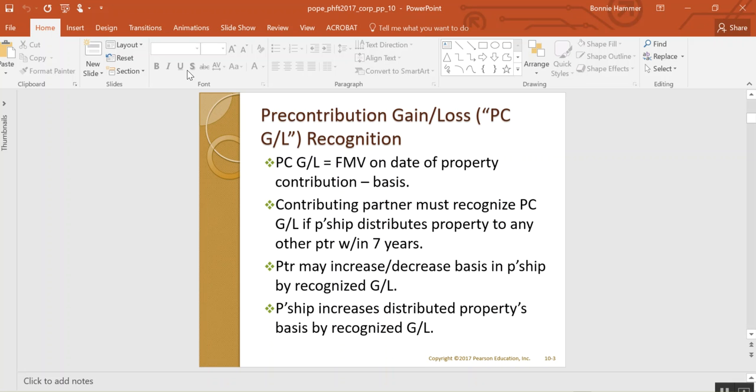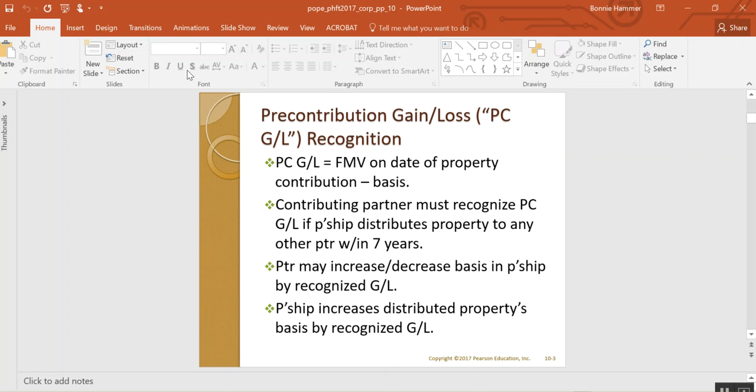So when they distribute that property out to some other partner within the 7 years, they ask, what's the pre-contribution gain or loss? In our case, it was a $500 loss. So the original contributing partner is going to have to recognize a loss, and decrease their basis.